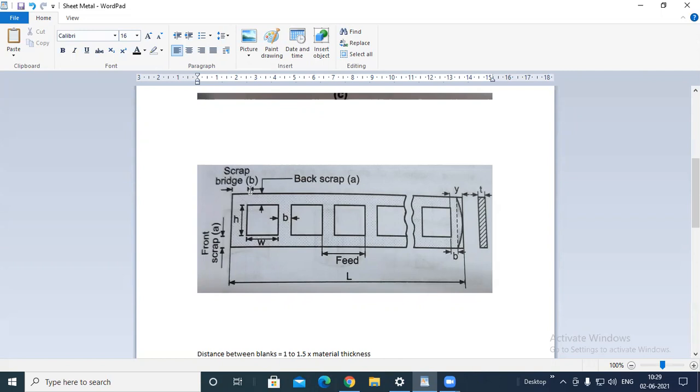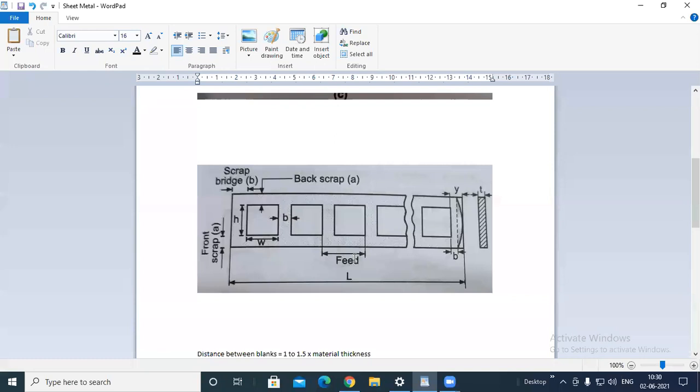To calculate the scrap bridge, the formula is that it is equal to the thickness. For example, if the material thickness is 0.8 mm, then the scrap bridge should be 0.8 mm. And if the thickness is 3 mm, then the scrap bridge distance should be 3 mm. So whatever the thickness is, that thickness should be maintained as the scrap bridge distance.